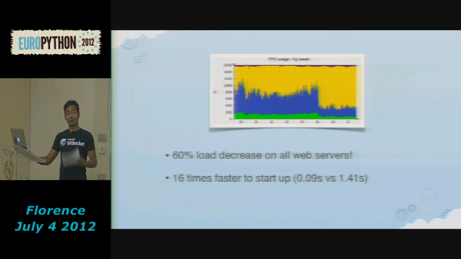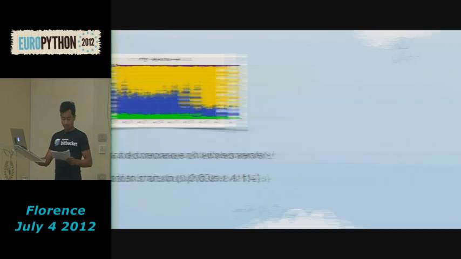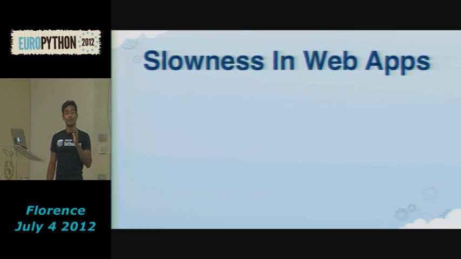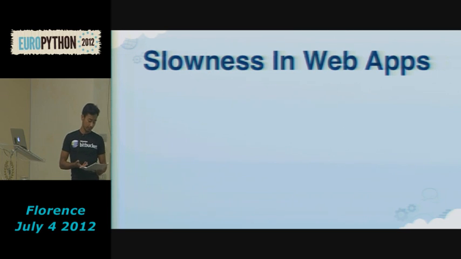So coming back to Django land and web servers in general, speaking from experience, a lot of problems that cause slow web applications ultimately point to a few common scenarios. I'll try and enumerate some of them.